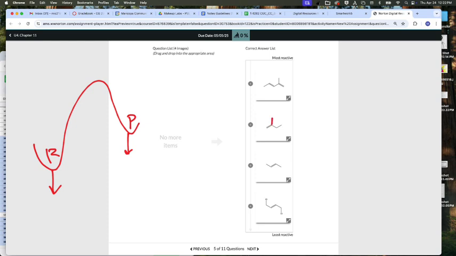Take a look at the second one. It's connected to how many different things? 2. How much does the other one connect to? 2. So if we're looking at substitution, they're the same substitution. Okay? But where they're substituted has an effect. And if we look at the stability of the product, we're looking at a tertiary carbocation coming out of the second one versus the third one would be secondary.